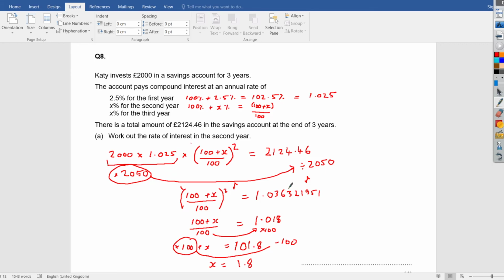When it asks for the percentage, you can clearly state that x is equal to 1.8%. That is the interest you're going to get for the second year. Happy days, thank you.